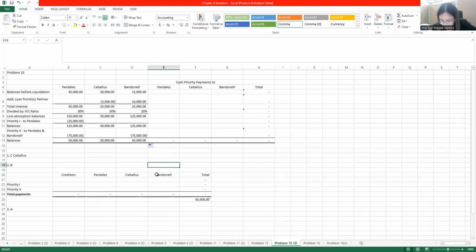Number 2, if there is 65,000 pesos, magkano ngayon ang babayaran natin? Paano natin siya di-distribute? Ganito yan, class. Pag nakuha mo na yung difference ng first and second, ang magkano ang first payment sa kanila, i-multiply mo ngayon ito dun sa P&L ratio. So, P has a P&L ratio of 30%.